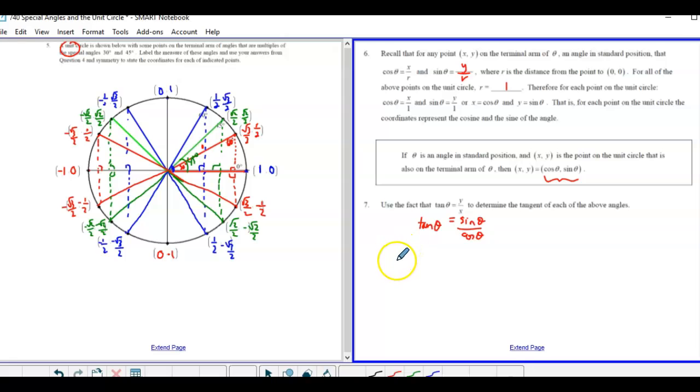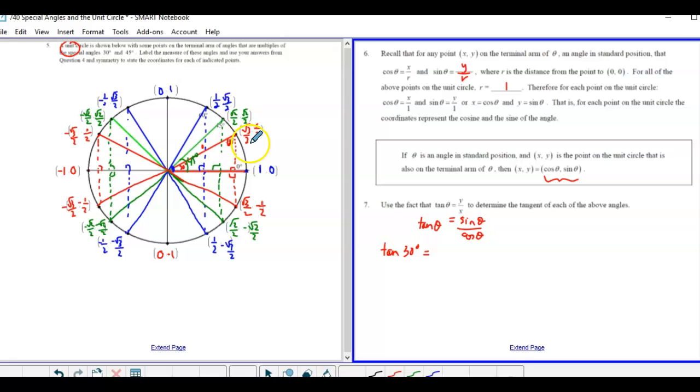But in any case, it says determine the tangent of each of the above angles. So tan of theta, I should put the angle in. We have already done all the basic ones. So tan of 30 is opposite over adjacent, or y/x.